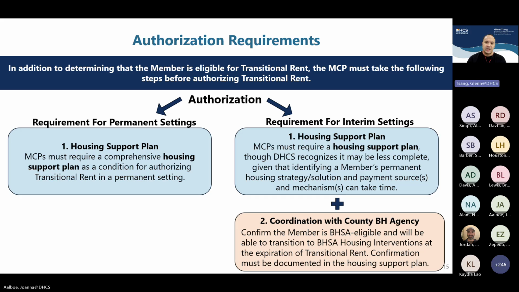When a member will be placed in an interim setting, a housing support plan must also be in place, though we recognize it may be less complete given where a member is on their housing journey. However, to authorize placement in an interim setting, the MCP must confirm the member is BHSA eligible and coordinate with the county behavioral health agency to confirm that the member will be able to transition to BHSA housing interventions at the expiration of transitional rent if the member is otherwise not able to secure long-term rental subsidies.